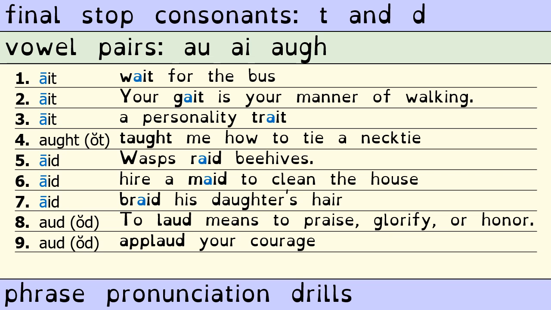4. Ought. Taught me how to tie a necktie. 5. Aid. Wasps raid beehives. 6. Aid. Hire a maid to clean the house. 7.